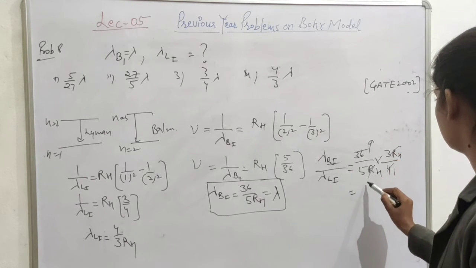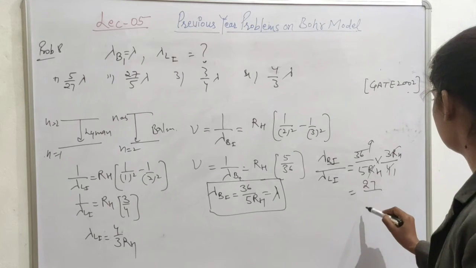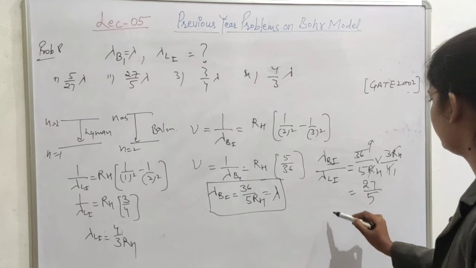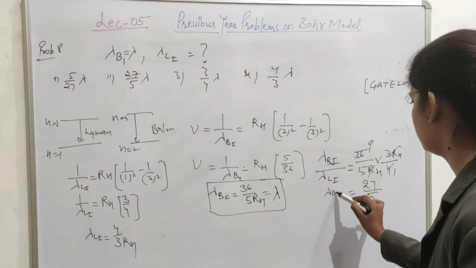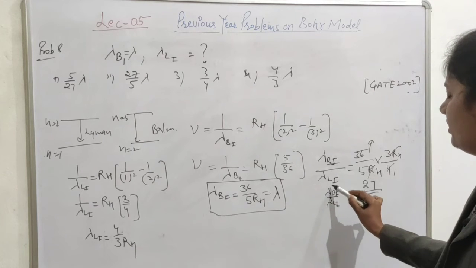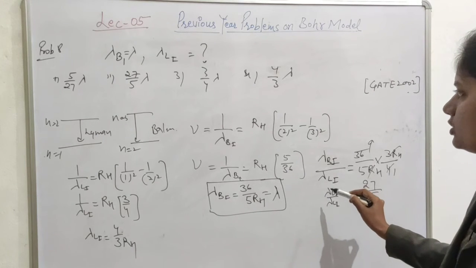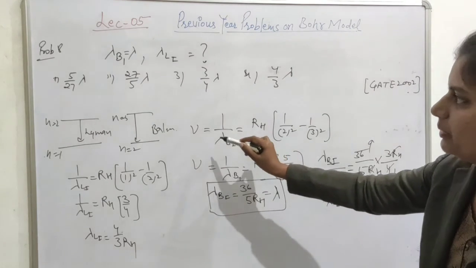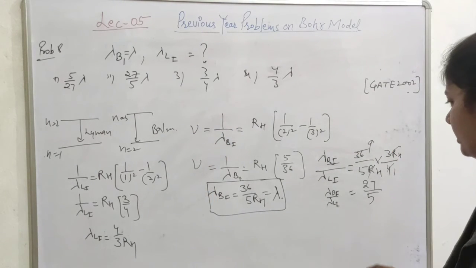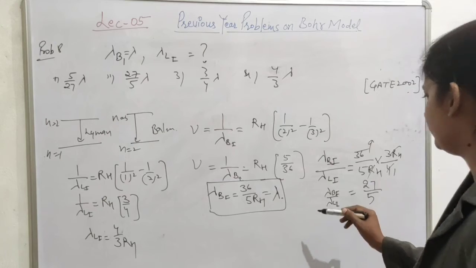This is 27 over 5. This is lambda Balmer over lambda Lyman, and lambda Balmer is given as lambda, so we write lambda here.